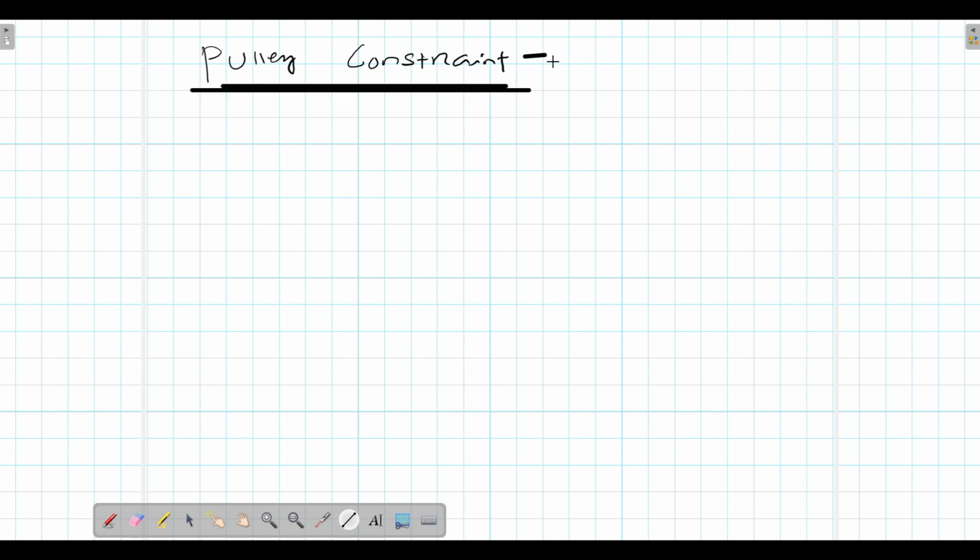In case of pulley constraint, we have to find formula for the pulley constraint. So what is the formula for pulley constraint? First we have to draw the diagram, then we will explain details about this pulley constraint.